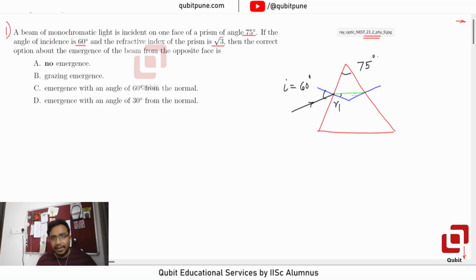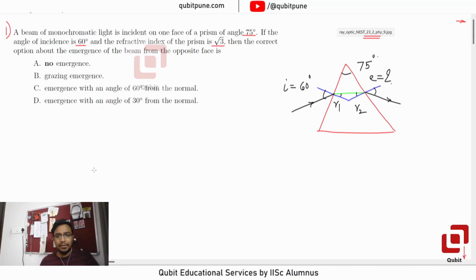And then let us call the angle of incidence on the other face of the prism R2. And then let it emerge like this. So this will be the angle of emergence, and this is what we need to find. Whether the ray can emerge, and if it can emerge, what will be the angle of emergence.